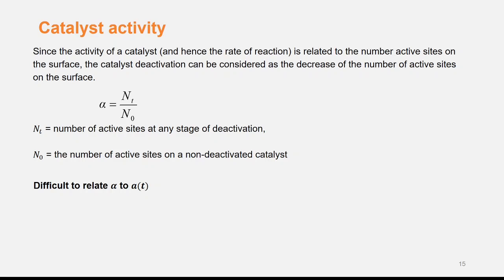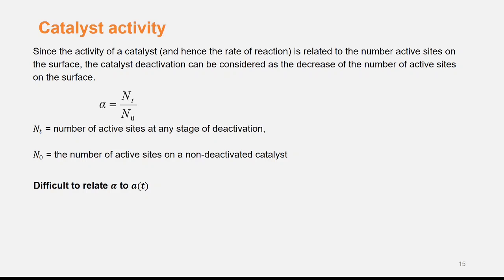Therefore, the overall rate, negative r_A, may not be directly proportional to the number of active sites, n subscript t. Remember that the number of active sites affect the rate of the surface reaction only.